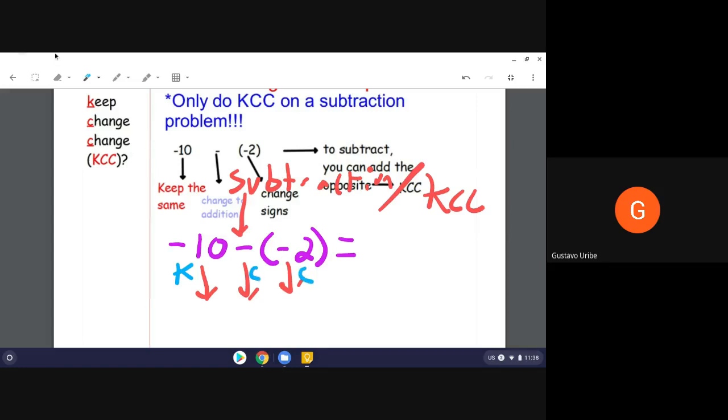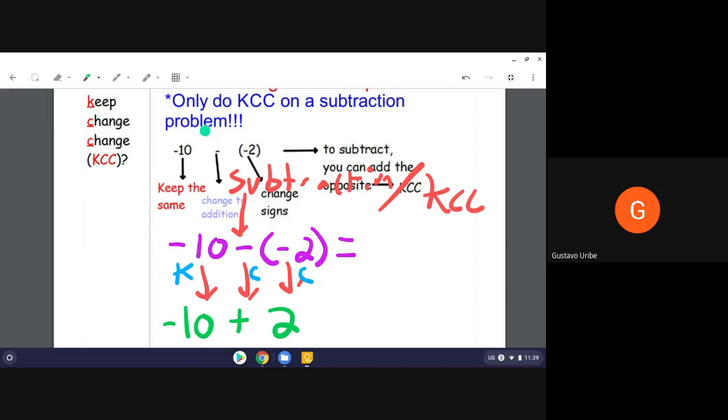So this is what I mean by keep. Well, the negative 10, you're not going to do anything. It's going to stay a negative 10. You're going to keep it the same. This minus, the subtraction, you're going to change it to its opposite. And the opposite of subtracting is to add. And this term right here, this negative 2, we're going to change the sign of it to a positive 2.